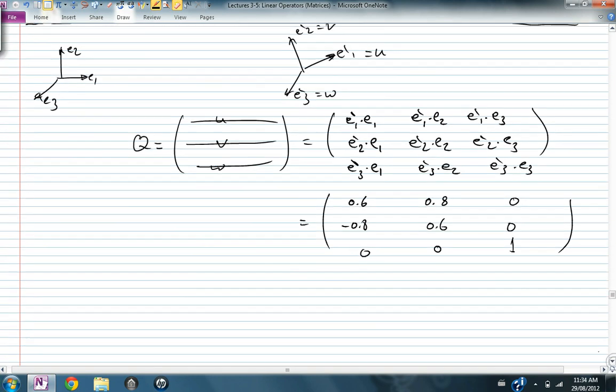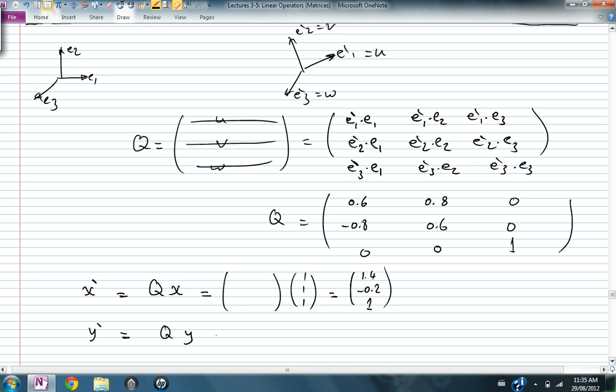So this is my translation matrix Q. The new components of x prime are equal to Qx. So multiply Q by 1, 1, 1, and you get 1.4, negative 0.2, and 1. Y prime, multiply Q by y, and you're going to get 3 components.